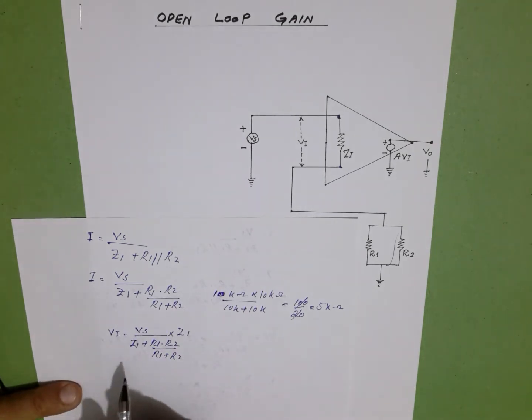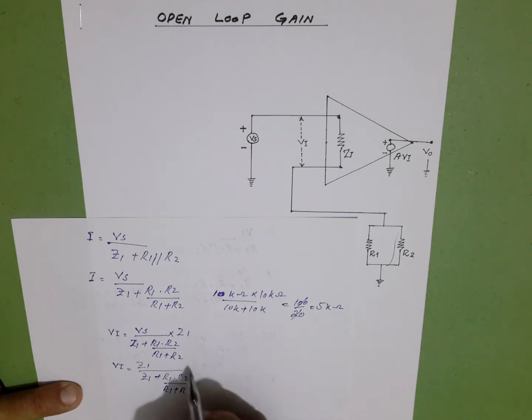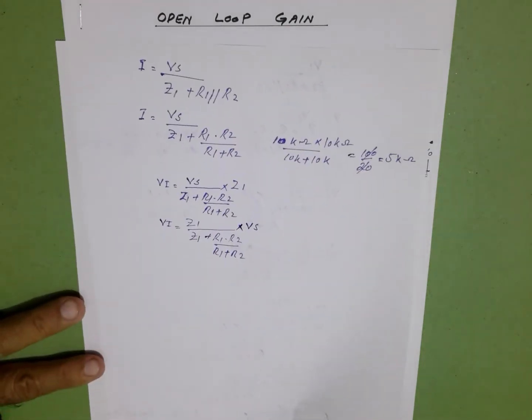Or we can write V input is equal to Zi over Zi plus R1 into R2 divided by R1 plus R2, into Vs. This is the value of the input voltage.